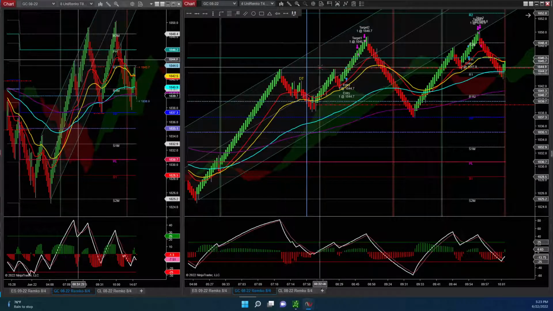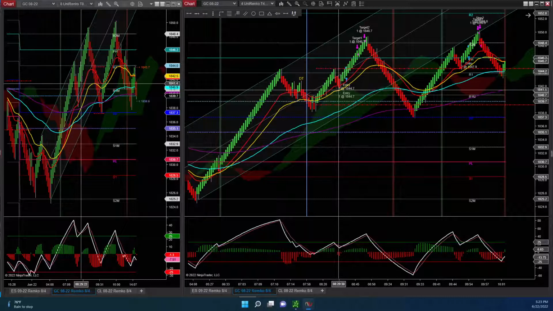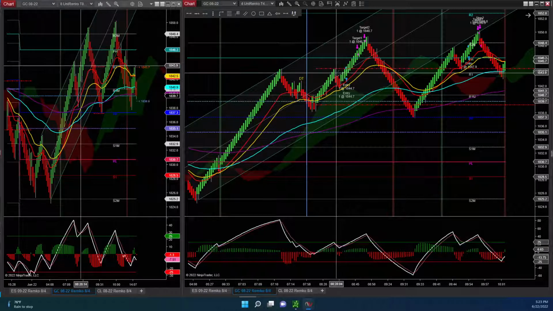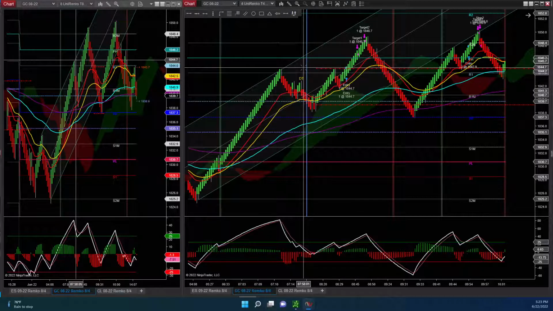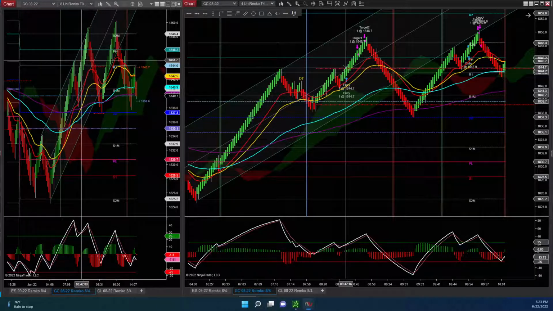It went out there, moved down, made a bounce on the 34 EMA, and then three bars later triggered the entry. So I took the entry for two reasons: the double top and also moving away out of the 20 minute opening range here.